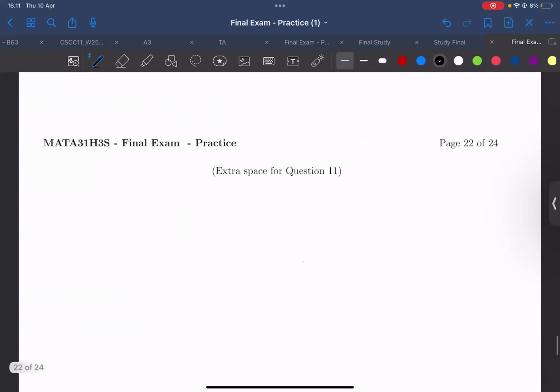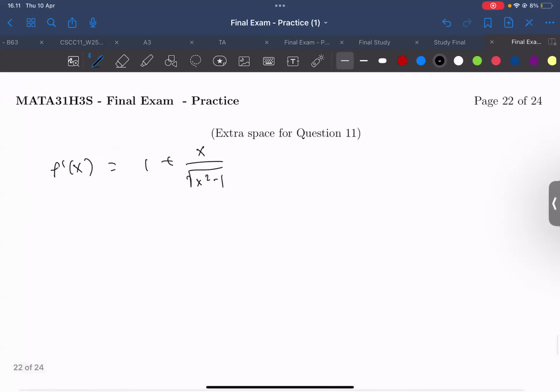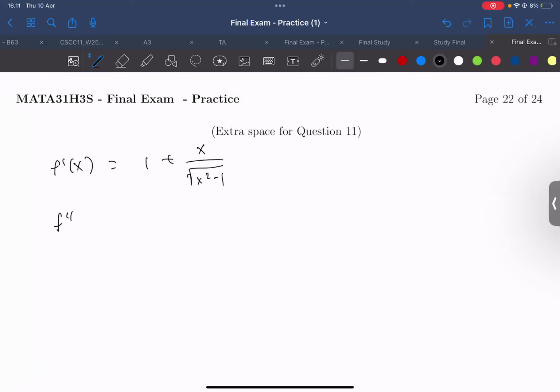So for the second derivative, we know f prime of x equals 1 plus 1 over 2x over square root of x squared minus 1. Then to take the second derivative, you just need to use the quotient rule.